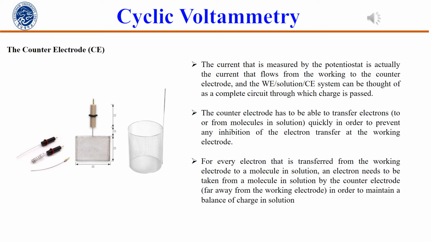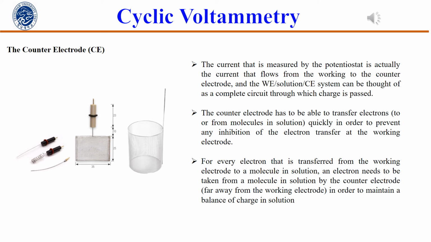Because of the necessity for fast electron transfer at the counter electrode, it is commonly some form of platinum metal. Usually we use platinum mesh or wire.